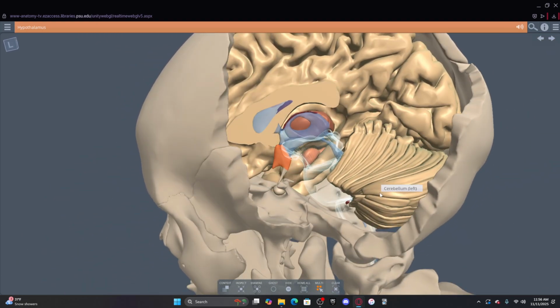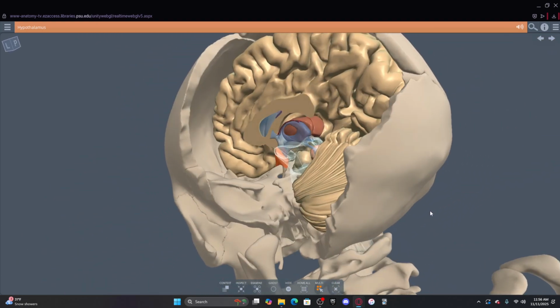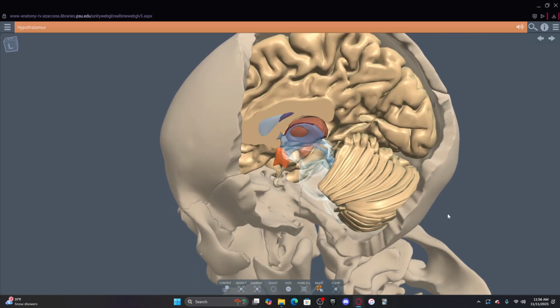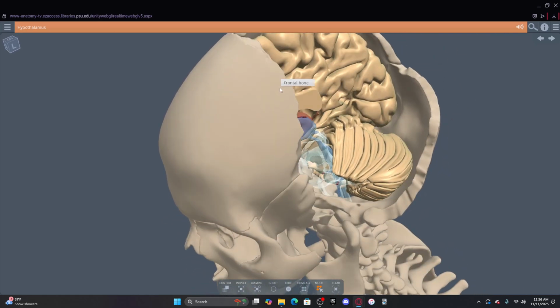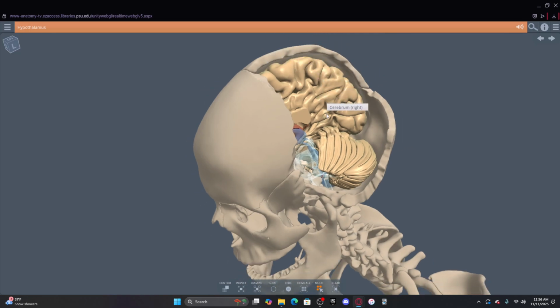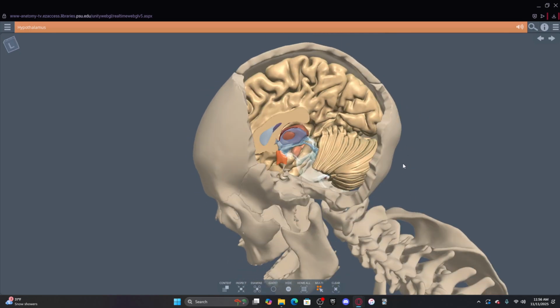Okay, here we go. So I wanted to show you just the brain inside of the cranium. Remember, the parietal bone would be here, and then the temporal bone would be here. That's what we just removed.